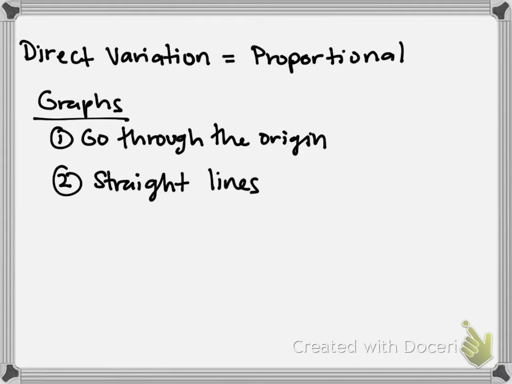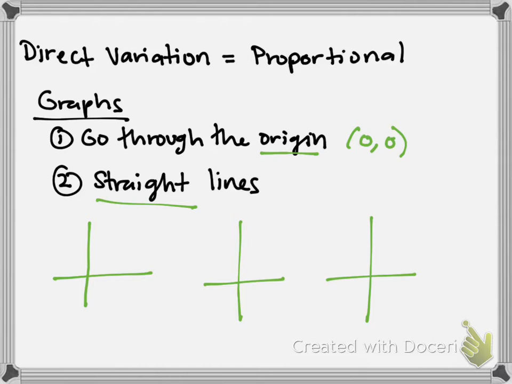All right, direct variation, these are proportional equations. So when we graph direct variation, these graphs go through the origin, that's the point (0, 0), and they are always straight lines. So we have done these a lot, okay? Let's draw a couple graphs here.